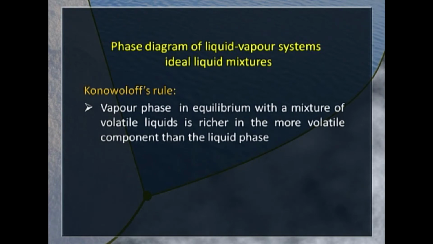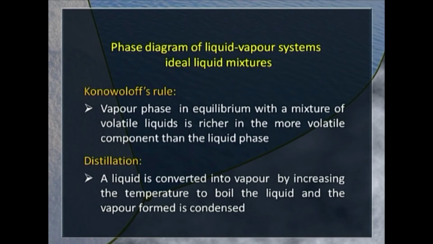That means the composition of the liquid and the vapor are different, and we can take this to our advantage in the process called distillation, in which we convert a liquid into a vapor by increasing the temperature so that the liquid mixture boils, and the liquid gets converted into vapor, and the vapor that is formed is condensed to get a liquid, and definitely the condensed liquid will have a different composition from the starting liquid.